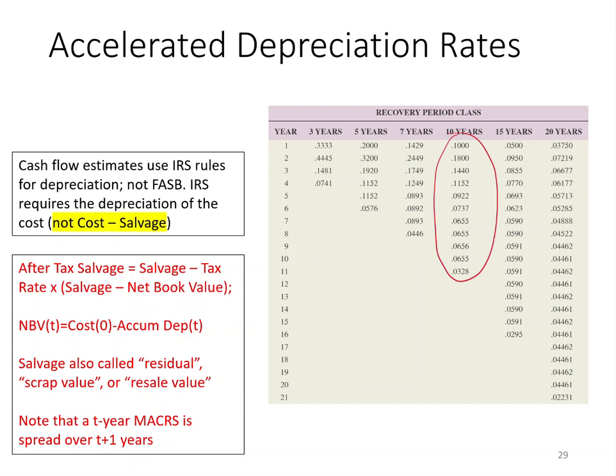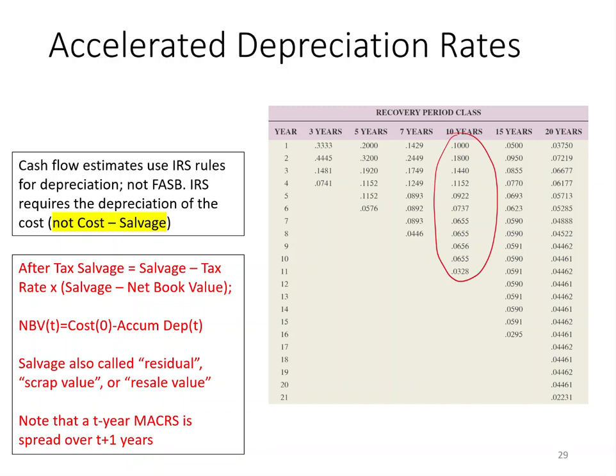The tax financial statements, or tax books, determine the actual tax liability and cash flows. So that's what we're effectively using when we do our modeling in finance. In those books, the IRS says depreciate the full CapEx, not the CapEx minus anticipated salvage. So that's what we're going to do.